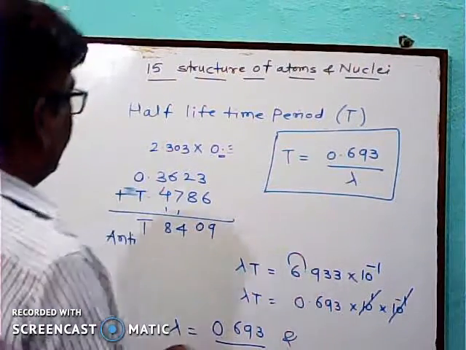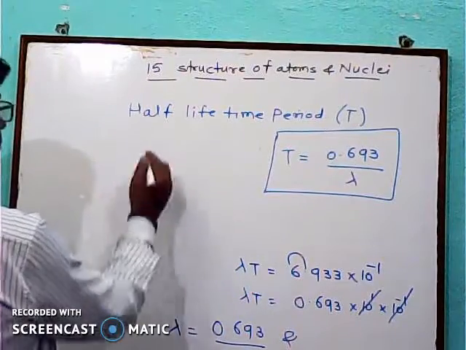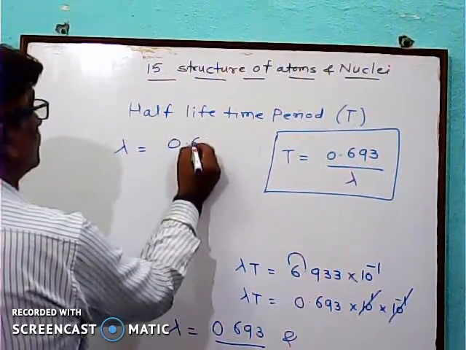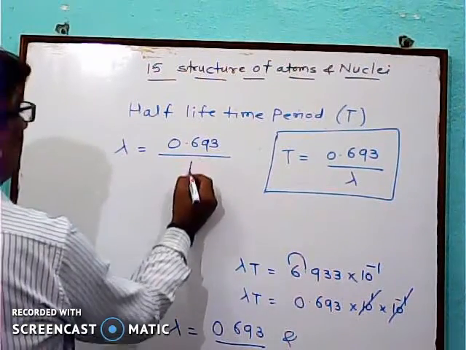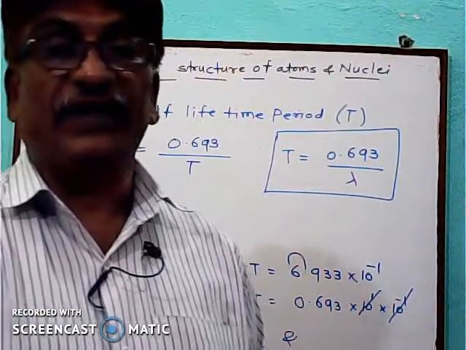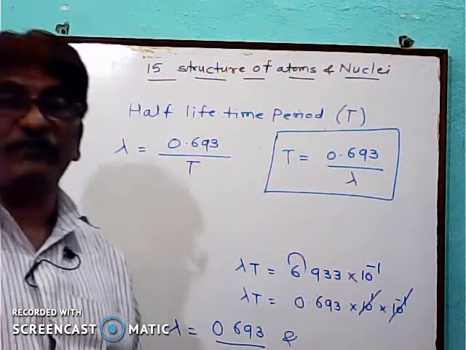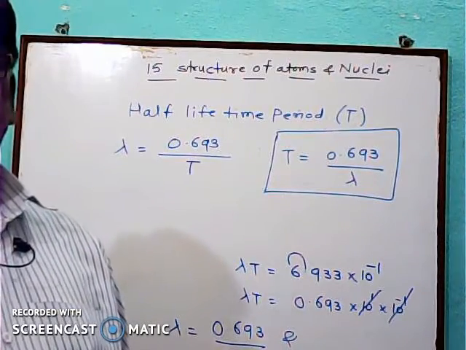This means we have two relations, that is two formulas. Decay constant is also written as 0.693 divided by half-life time period. That is the relationship between half-life time period and decay constant.